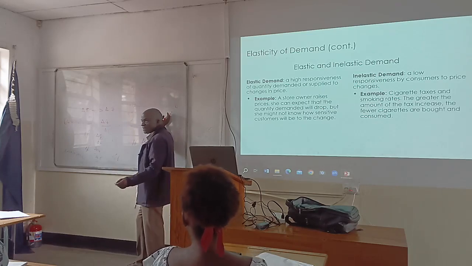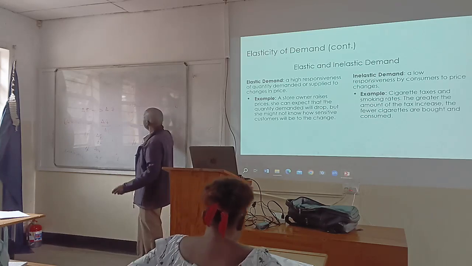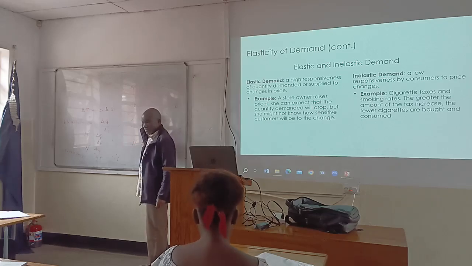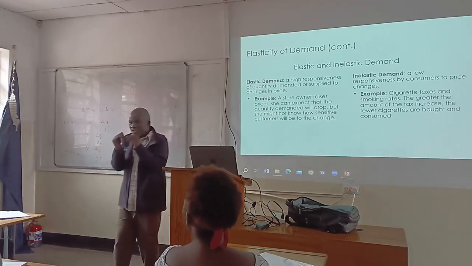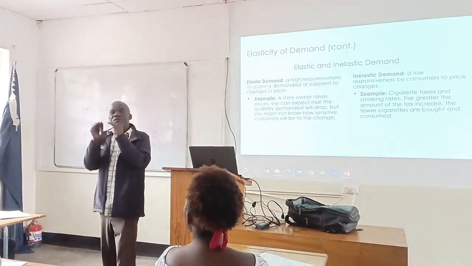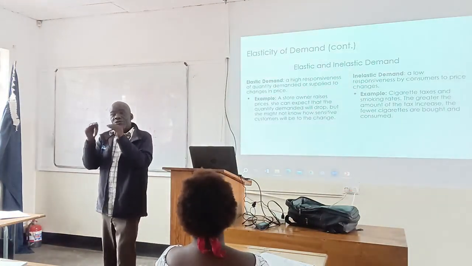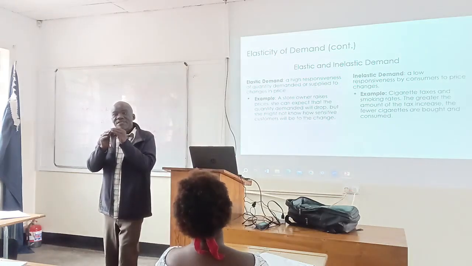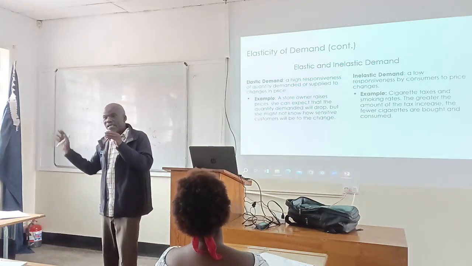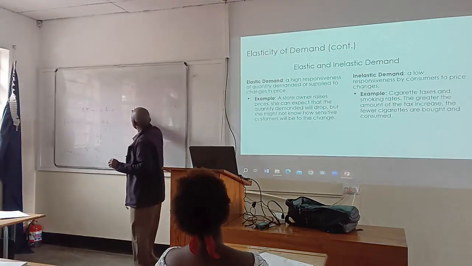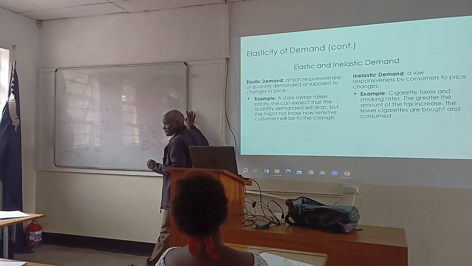No supply, because the demand will be so huge just by reducing the price a little bit. And the law of demand says when you reduce the price, quantity demanded increases. Okay? So when you reduce a little bit, the demand will respond so massively. So the demand will be so huge.